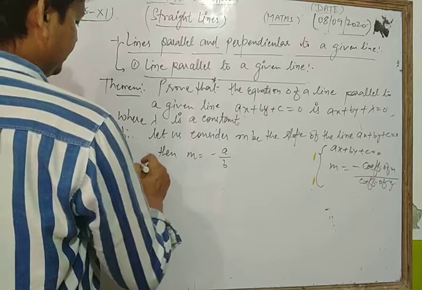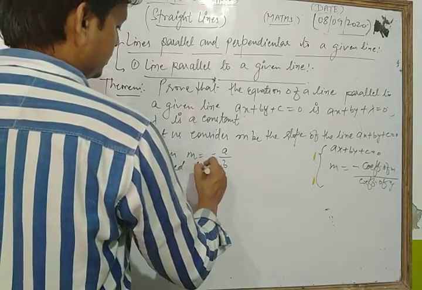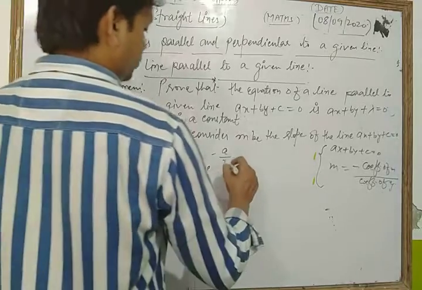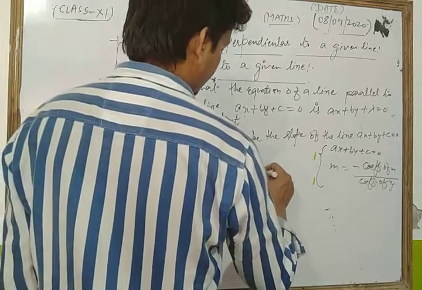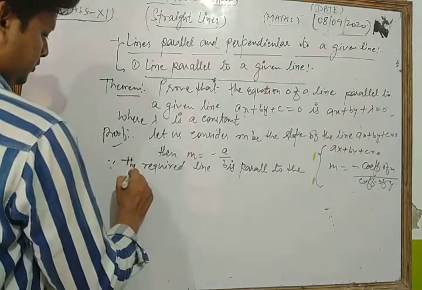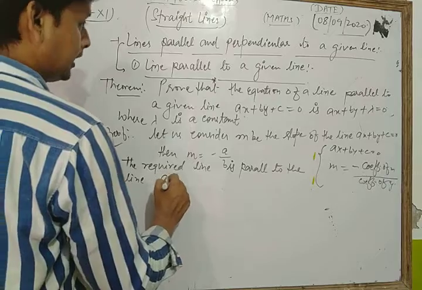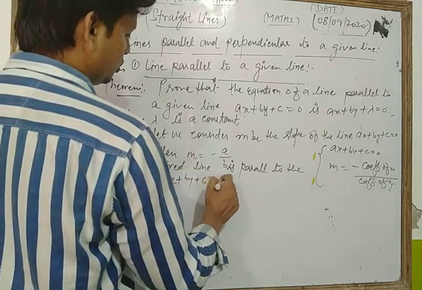So we can write in this way: the required line is parallel to the line ax plus by plus c is equal to 0.